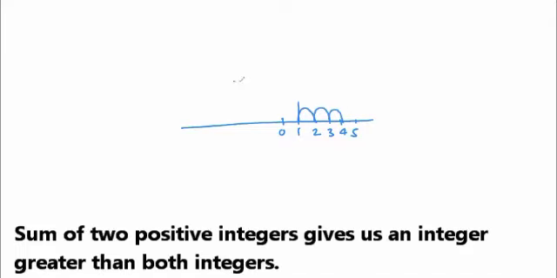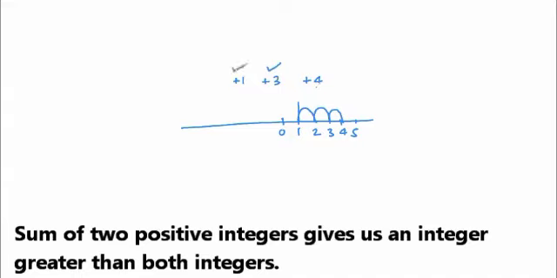So I have to have all positive integers. Let's say the first integer is 1 and the second integer is +3. Then what I have to do is 1, 2, 3. I get the answer as 4. So I took integers 1 and +3 and my answer is +4. +4 is greater than +3, yes. +4 is greater than +1, yes.